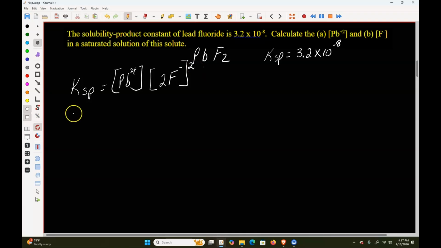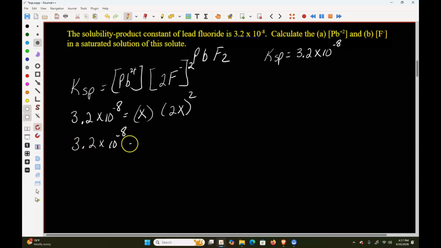All right, so I'm going to say that 3.2 times 10 to the negative 8. Okay, I'm going to let x represent lead. I'm going to say 2x because I have two fluorides, and I have to square it. So it'll be 3.2 times 10 to the negative 8 equals, all right, 2 squared is 4, so it'll be 4x to the third power.